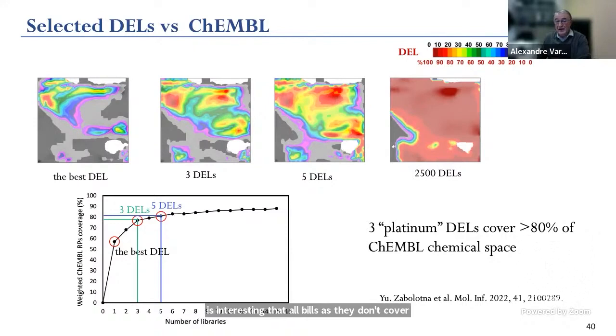You may see on the last map on the right some gray area corresponding just to Campbell, which is occupied by natural products and their analogs, which certainly are not present in DNA encoded libraries.